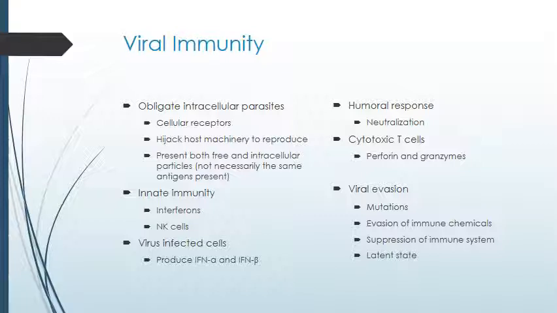Now, we do have innate immunity, obviously, that is our first line of defense against viruses. That includes things like intact skin. When we get inside the body, it includes things like interferons and NK cells. NK cells can identify infected cells.